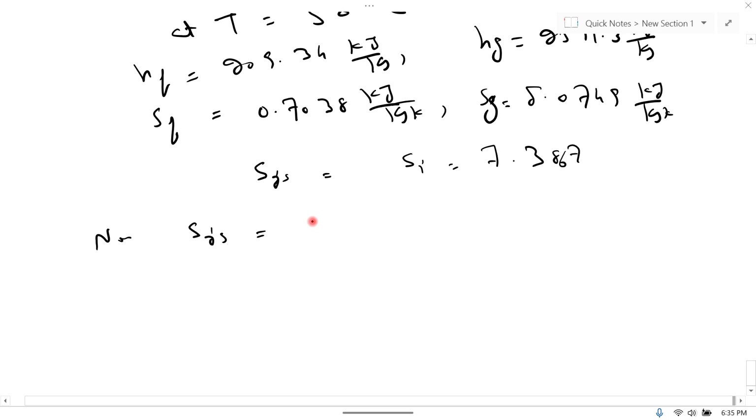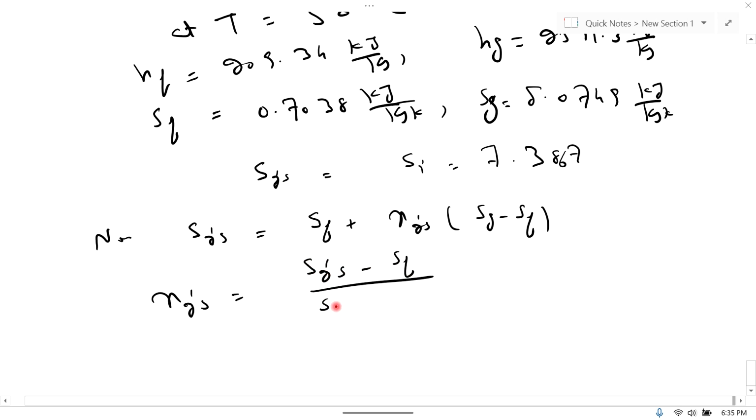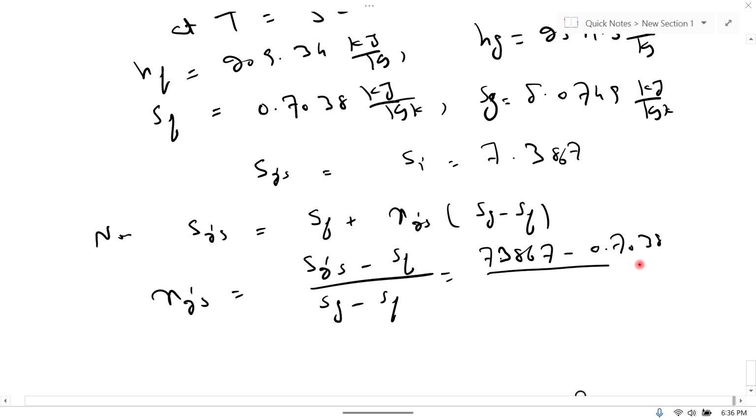Now S2 dash S is equal to SF plus X2 dash S into Sg minus SF. Rearranging this equation, X2 dash S is equal to S2 dash S minus SF divided by Sg minus SF. Putting values in this equation, S2 dash S is 7.3867 minus SF, 0.7038, divided by 8.0749 minus 0.7038.